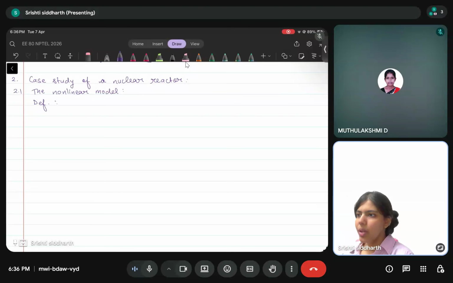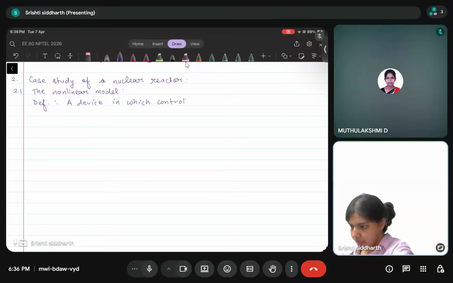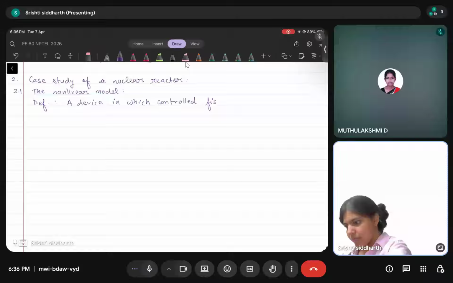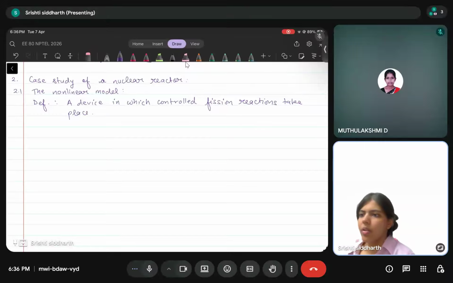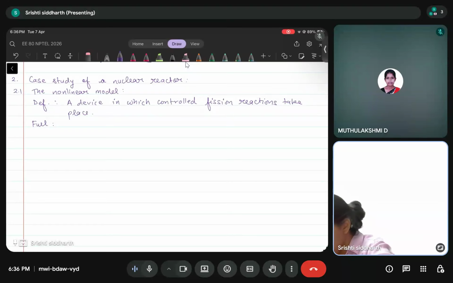So what does a nuclear reactor do? It's a device in which a controlled fission reaction takes place. All right, so fuel is generally uranium 235 nucleon.